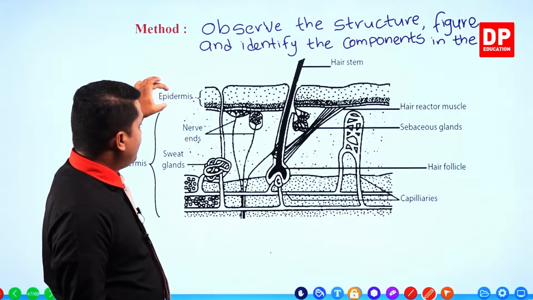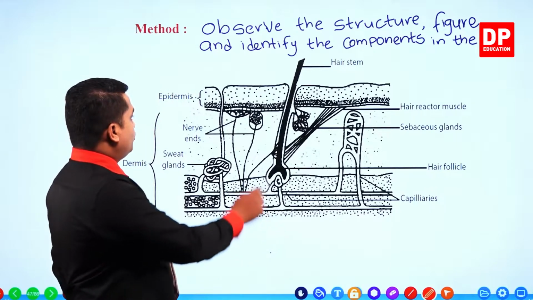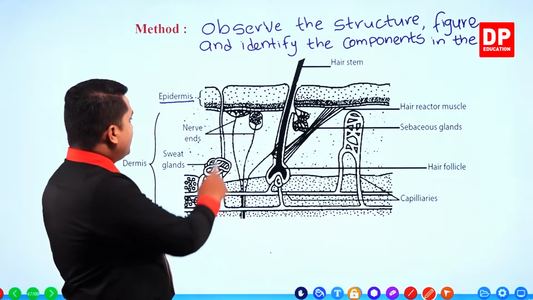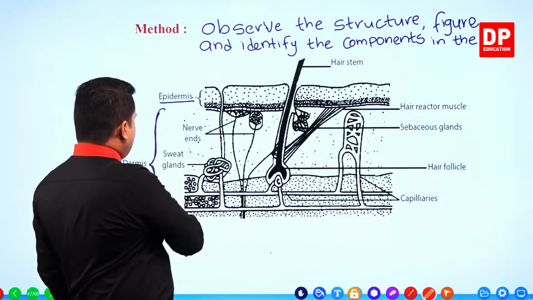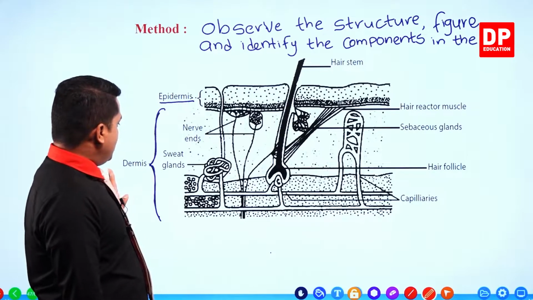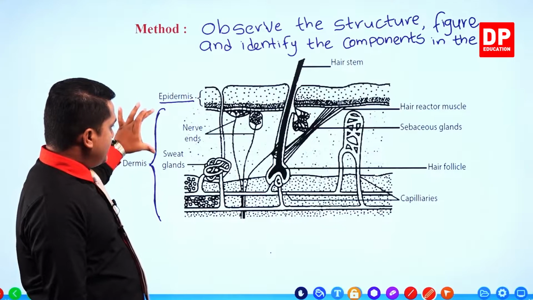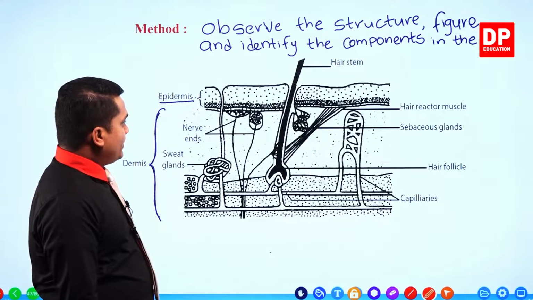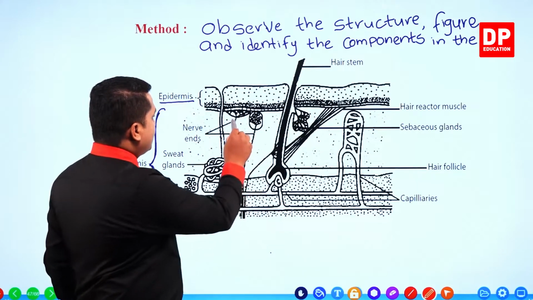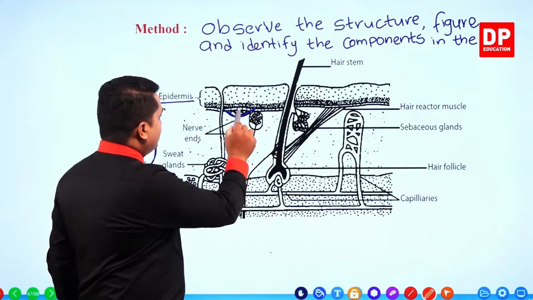Then you can observe the dermis. This whole area is the dermis. Within the dermis, you can observe the nerve endings. These nerve endings are connected with the skin.